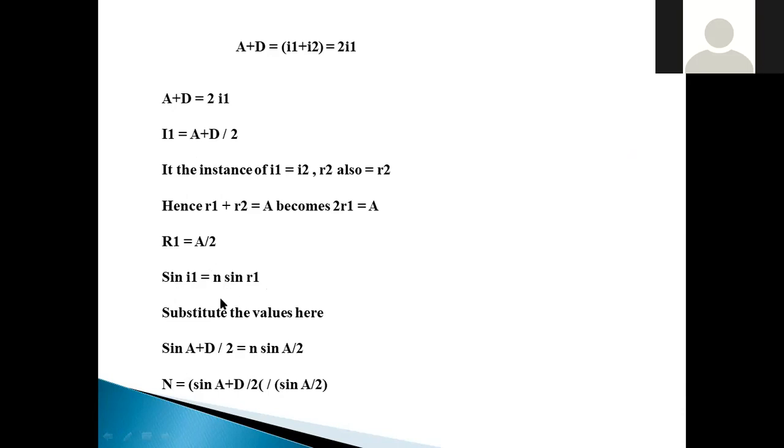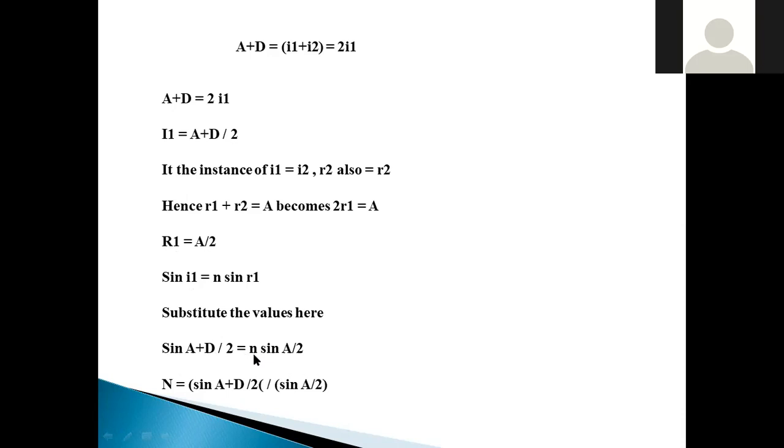So what is I1? The I1 value is (A plus D) by 2, which is indicated here. That is sine (A plus D) by 2 on one side, and N sine R1, where R1 is A by 2. So sine (A plus D) by 2 is equal to N sine A by 2.